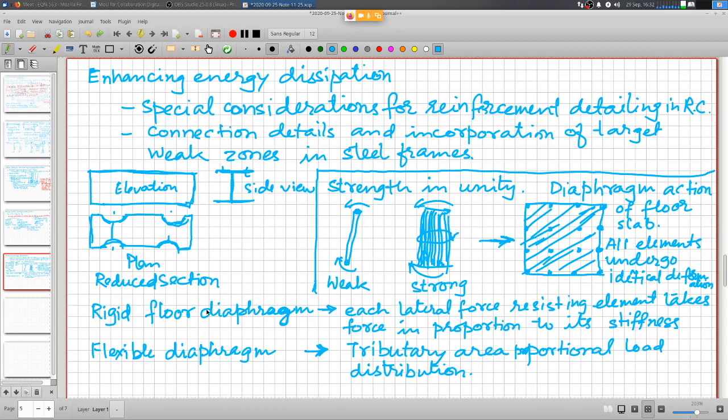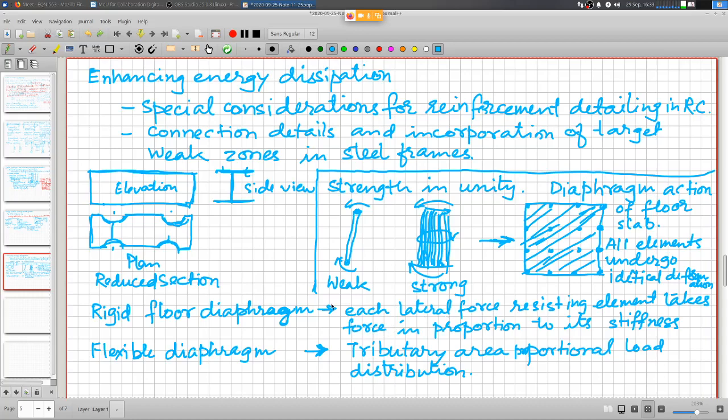So you generally have rigid floor diaphragms, and in that case the lateral force taken up by each of the vertical elements is going to be proportional to its own individual stiffness.